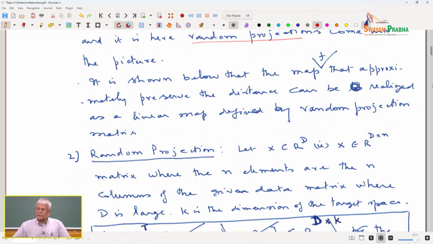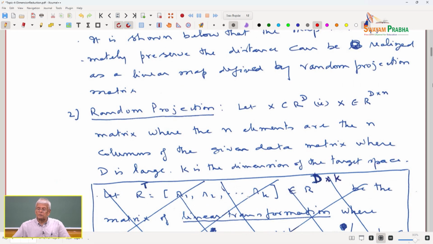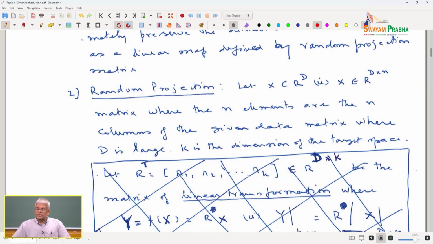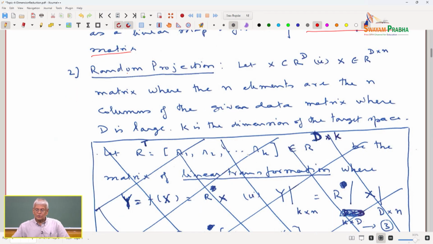So it is shown that the map f that approximately preserves the distance can be realized as a linear map, and such a linear map is going to be a random projection matrix. So that whole thing now comes into play. Random projection, that's what I'm now going to describe. Let X be a subset of R^D.